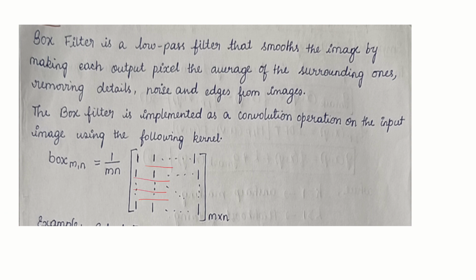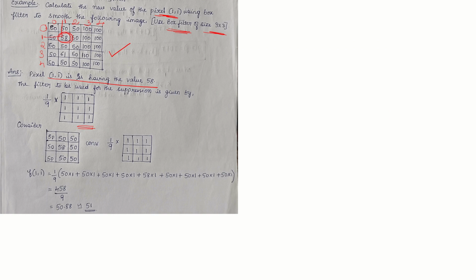So the elements inside that filter should be 1, that is 1 1 1 1 1 1 1 1 1.